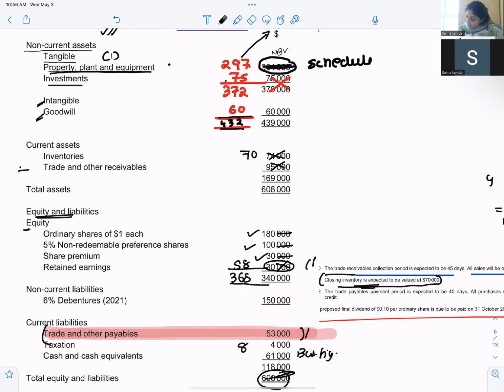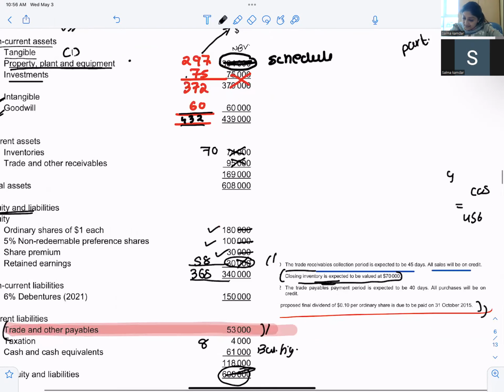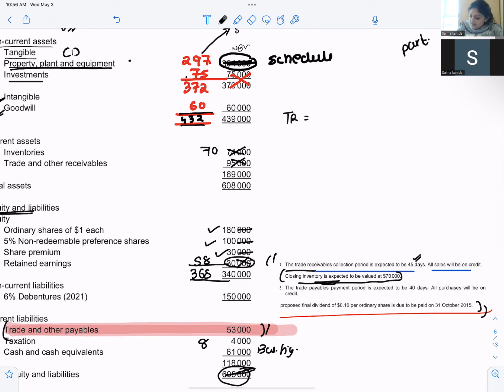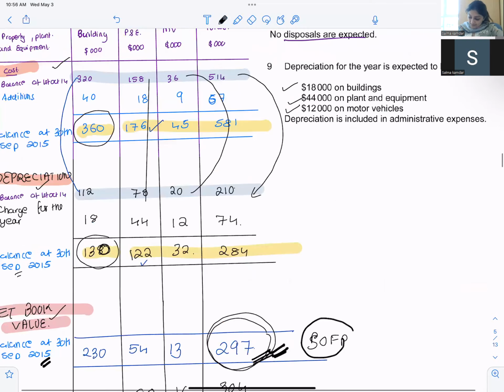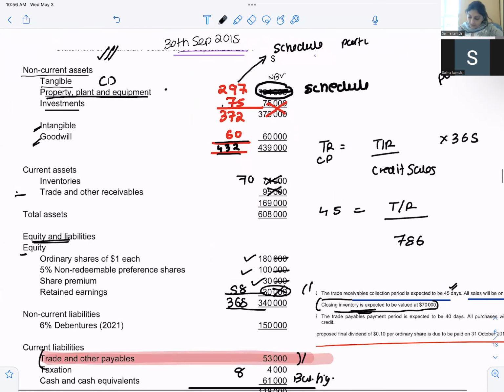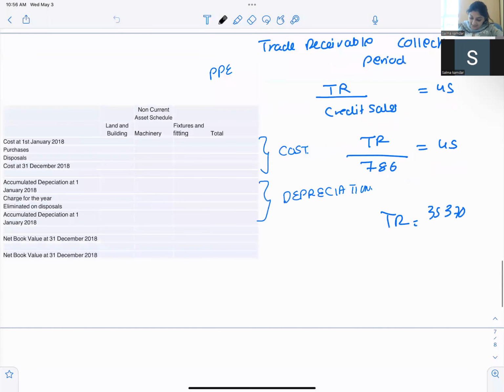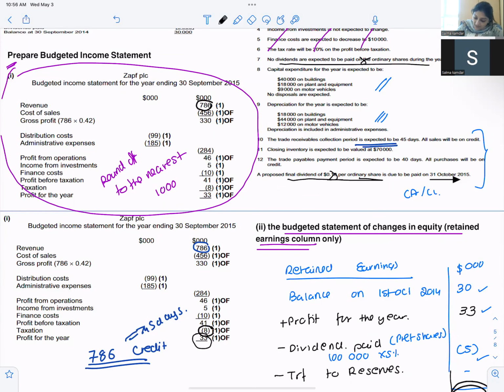Now trade and other receivables would change because they said that your trade receivable collection period is 45 days. So trade receivable collection period is trade receivable over credit sales into 365. Your trade receivable collection period is 45 days. You don't know your trade receivables, but you know your credit sales was 786. We had calculated that in the budgeted income statement.